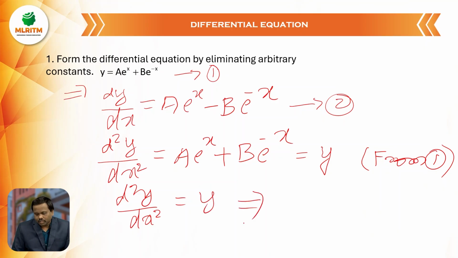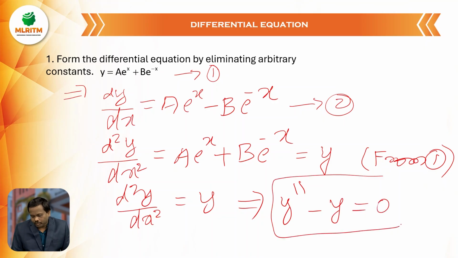This implies, we can write in short form, y double dash minus y equal to 0. So this is the method we need to follow when forming the differential equation by eliminating the given arbitrary constants.